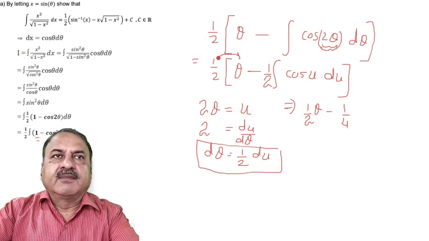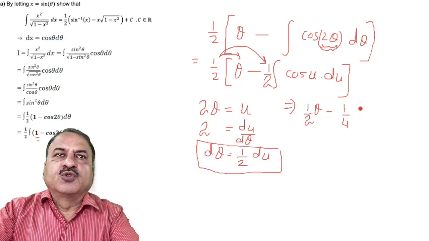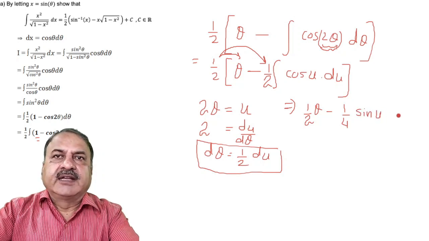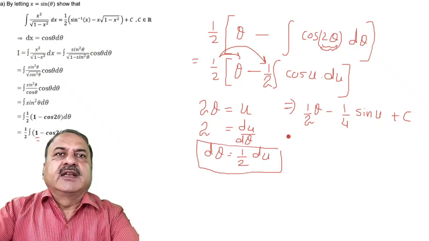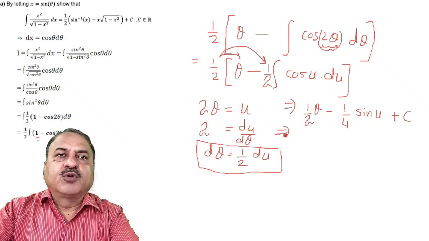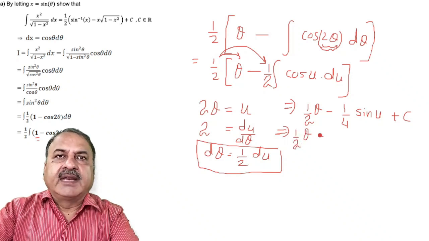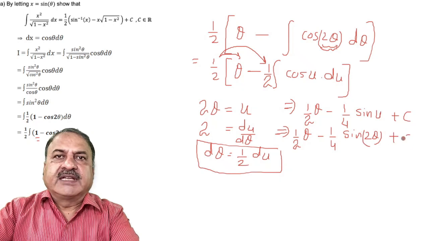We are distributing this 1 by 2. Cos u, the integration of cos u is sin u, and then we can write plus c. C is the constant of integration. Now we have to write it as 1 by 2 theta minus 1 by 4 into sin u, means sin 2 theta plus c.